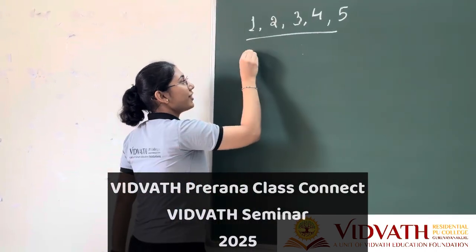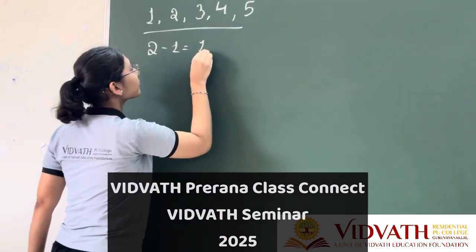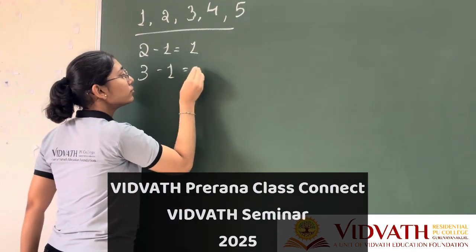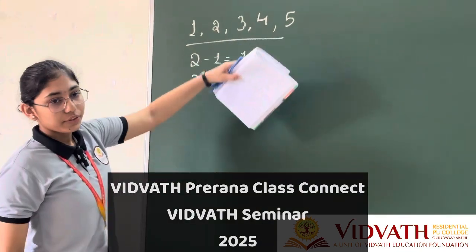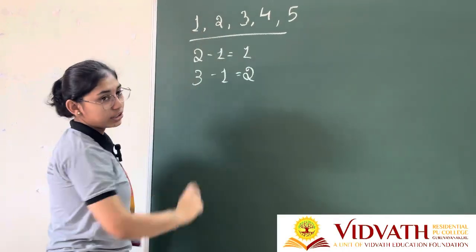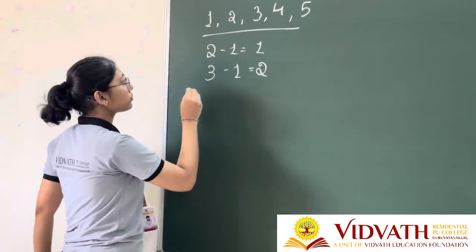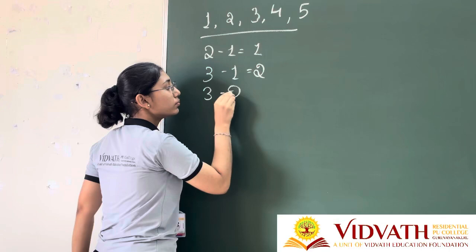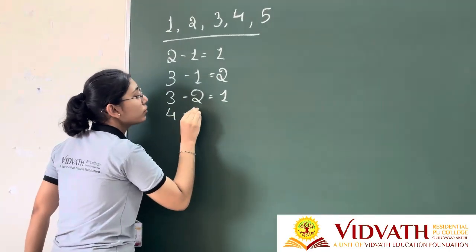Okay. What's the difference? 2 minus 1 is equal to 1. 3 minus 1 is equal to 2. If we take two consecutive terms, what would be the difference? Let's check it out. 3 minus 2, what's 4 minus 2?